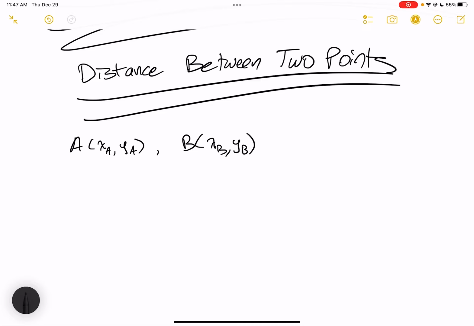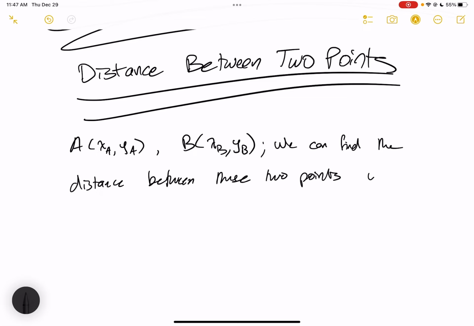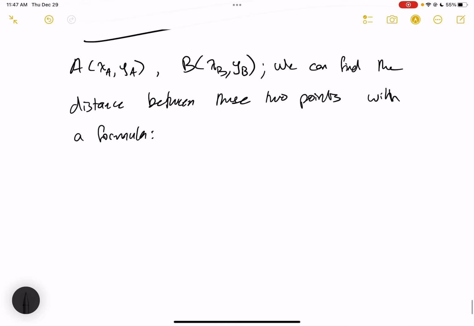Now, I'm going to write that we can find the distance between these 2 points with a formula. That formula is as follows.